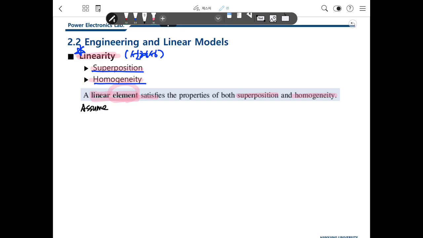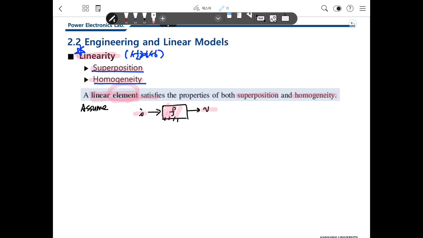The system has an input I. I don't know what that is, but there's some system, F. If it's inserted to F, then an output will come out. We define the output as V.